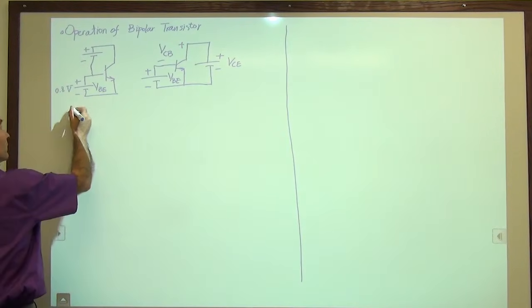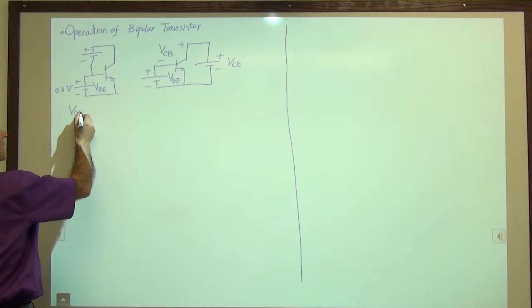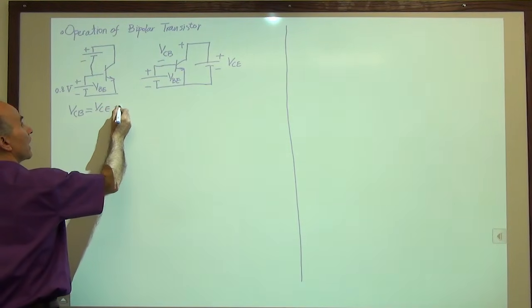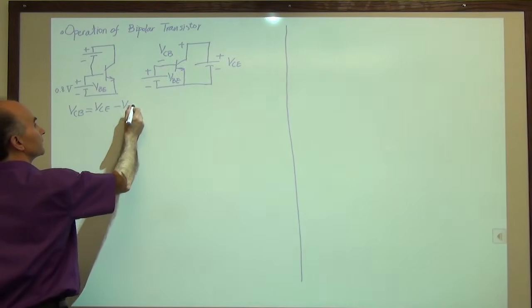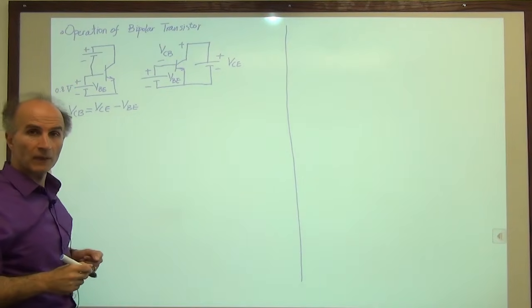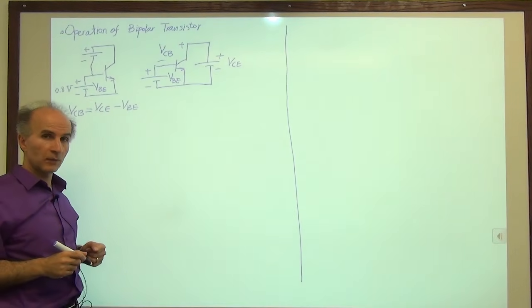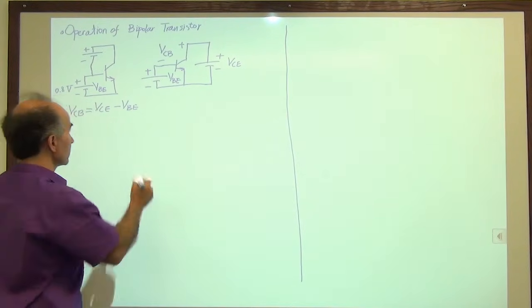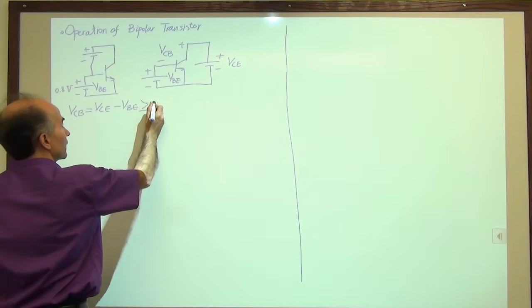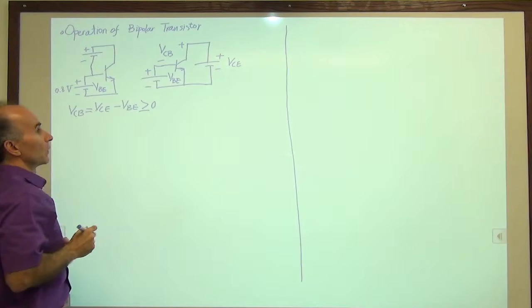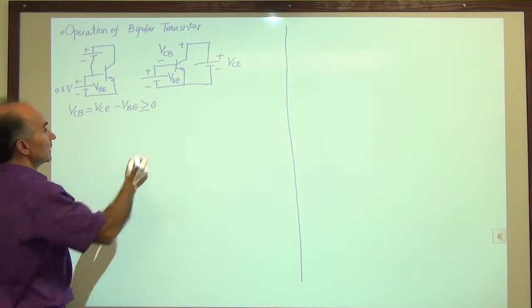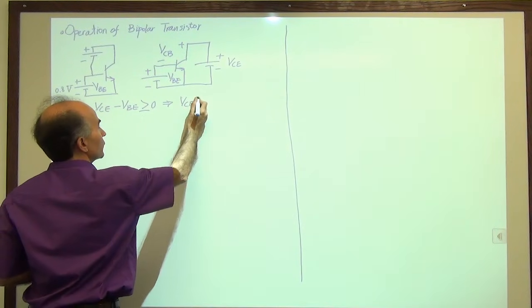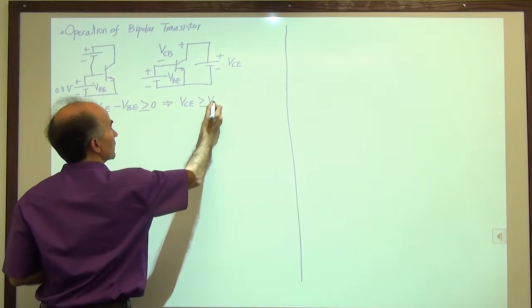So we can say that VCB is equal to VCE minus VBE. And because I want VCB to be 0 or higher, 0 or reverse bias, this has to be greater than or equal to 0. That means that VCE has to be chosen to be this much.